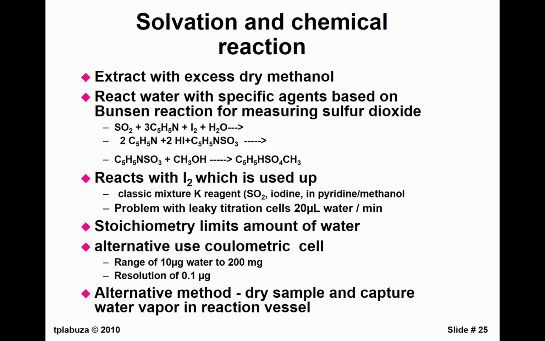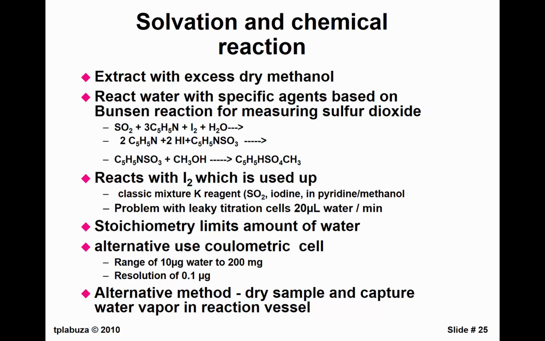And further on, the reaction goes to this compound here. So you have iodine in there, and the iodine gets used up. You can measure iodine by either color measurements or other ways.